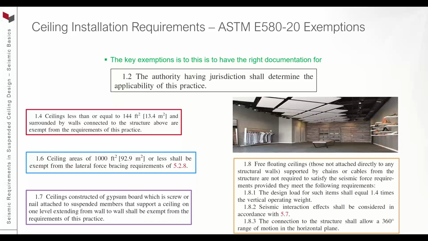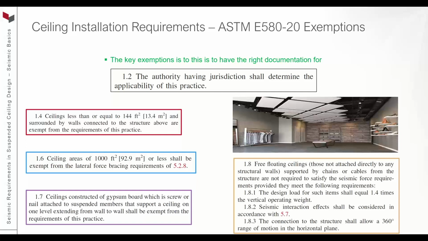In 8.2, seismic interaction effects shall be considered in accordance with 5.7, which in the ASTM talks about how it cannot impact a utility that could cause failure to the building. If there was an electrical component, or say a fire sprinkler, where there was a seismic event and the floating ceiling moved, impacted that, and caused a failure, then that is not allowed.